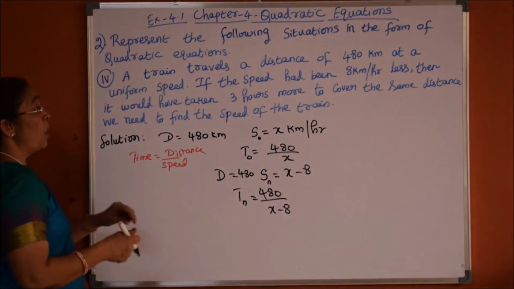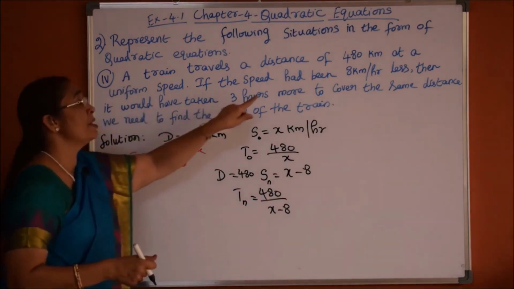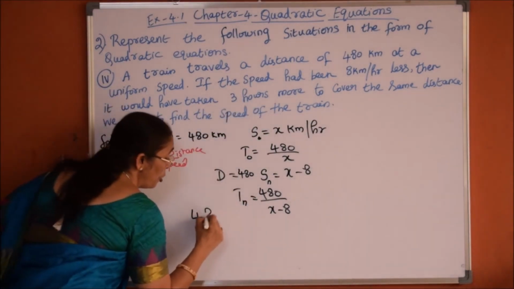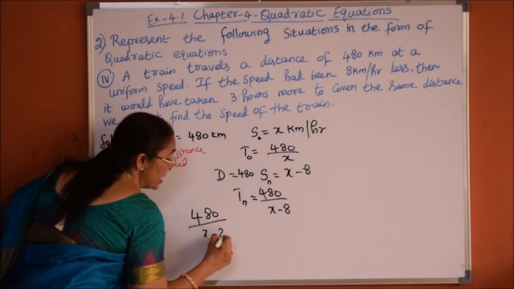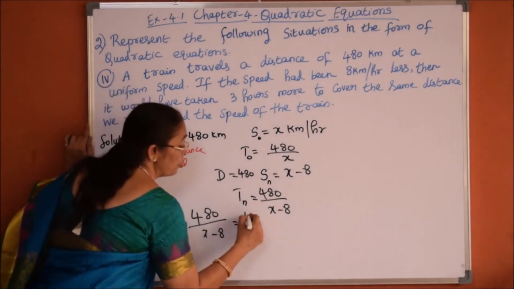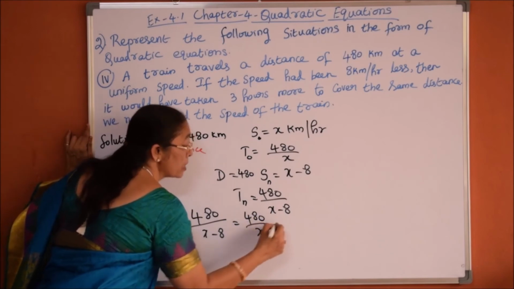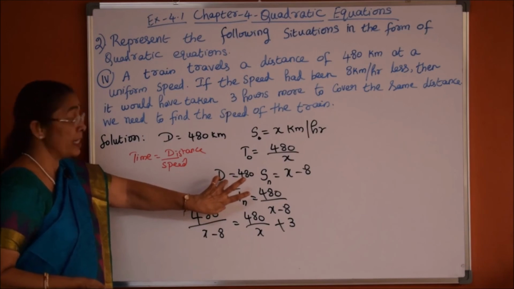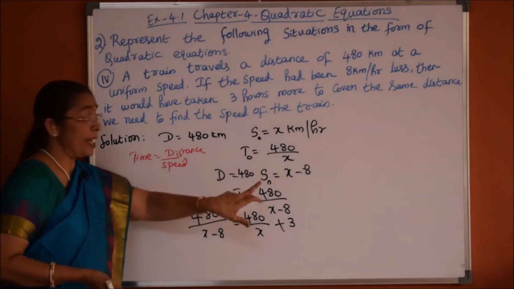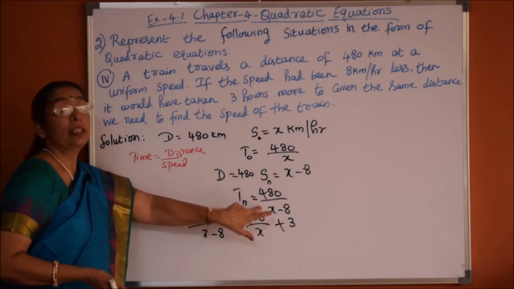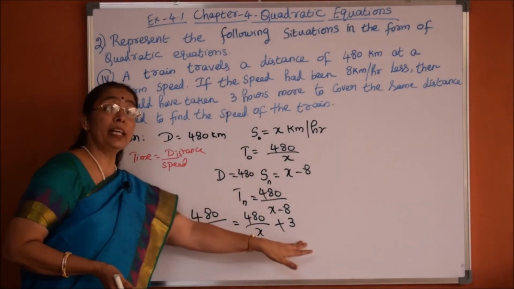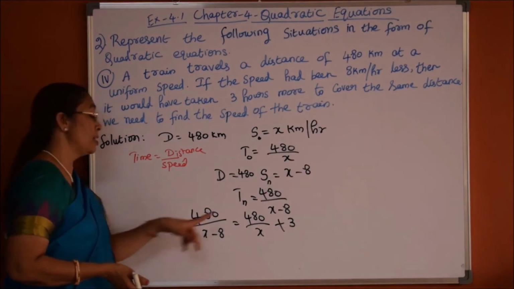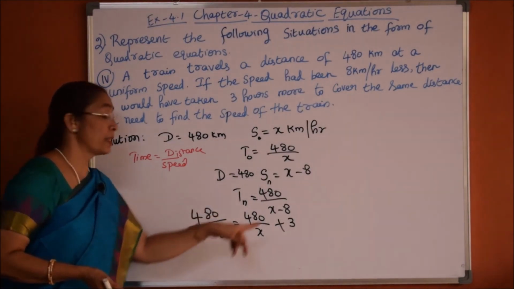Now this new time 480 by x minus 8 is equal to the original time 480 divided by x plus 3. After decreasing the speed, the time taken is 480 by x minus 8, which is 3 hours more than the original time. Therefore, your equation is 480 divided by x minus 8 is equal to 480 by x plus 3.